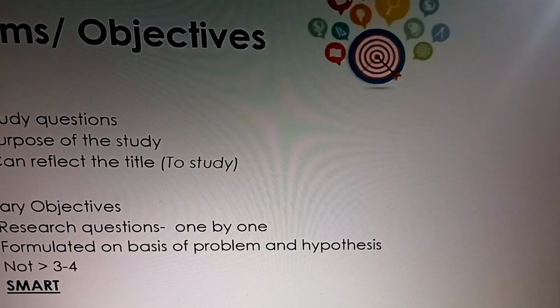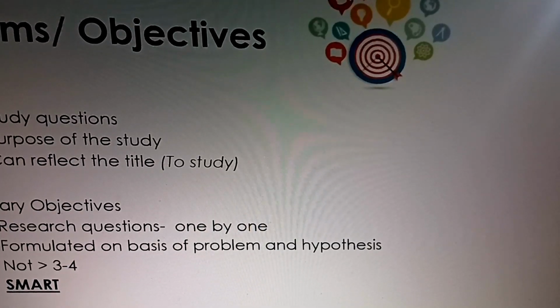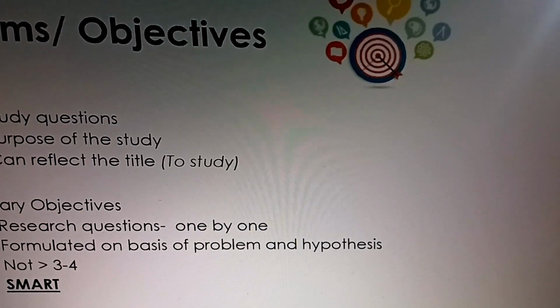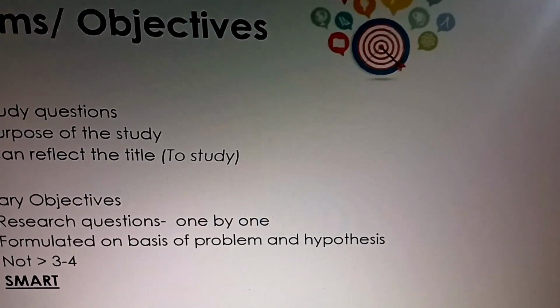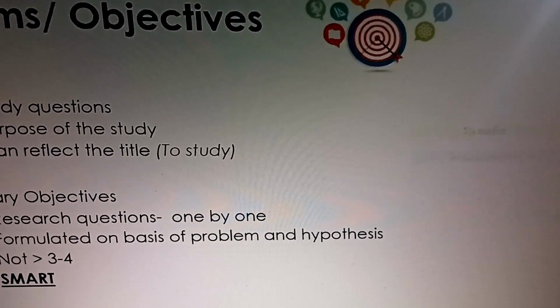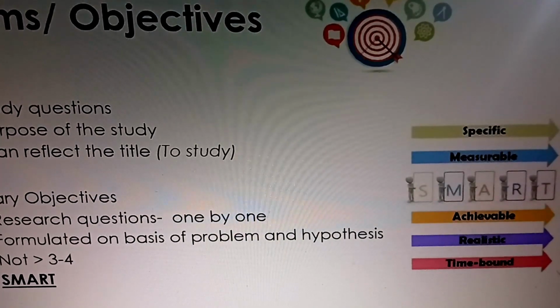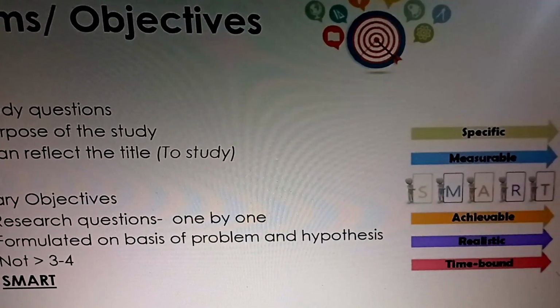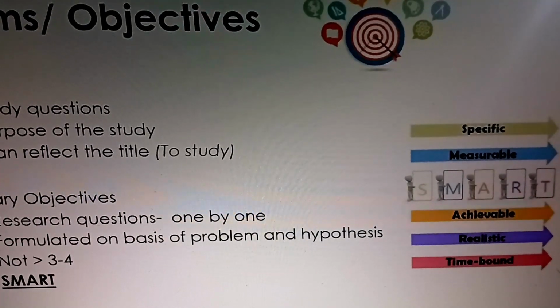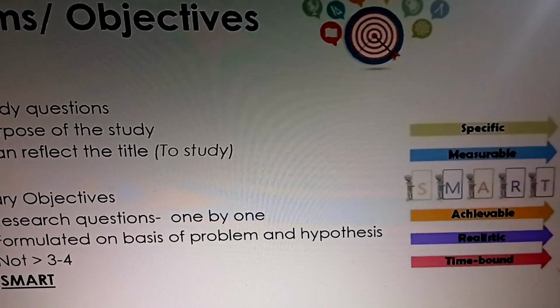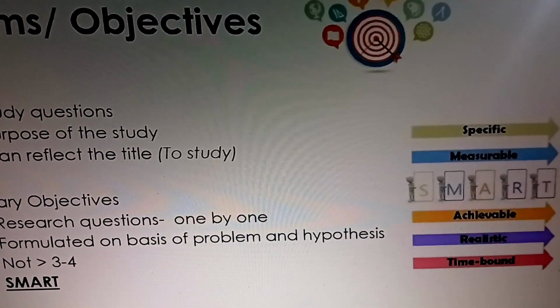As per your hypothesis and your research problem, you can form the primary objective. It should not be more than 3 to 4, because there is an acronym, SMART, specific to research objectives. Your objective should ideally be specific, measurable, achievable, realistic, and time bound.